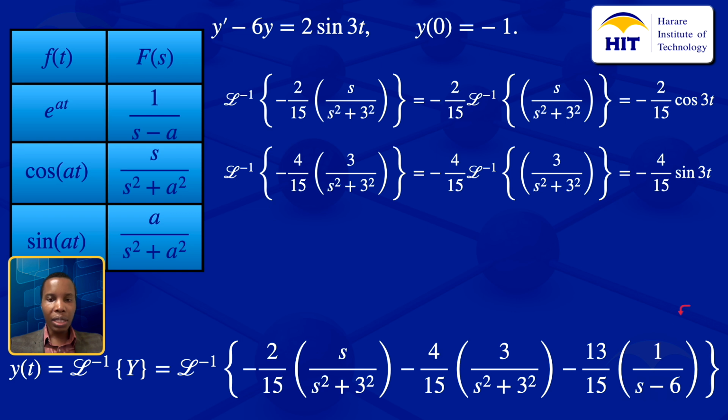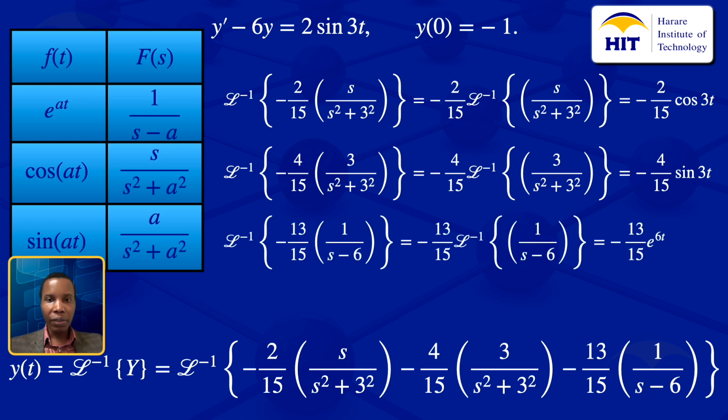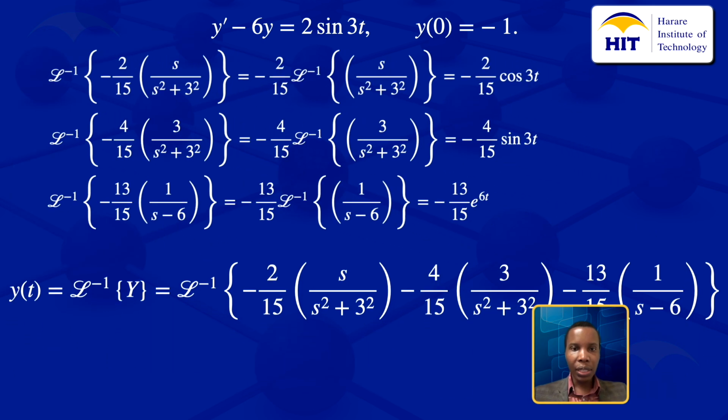And then on this part here in parentheses, we see that that's the inverse Laplace transform of exponent of 6t. So that the inverse Laplace transform where we have the minus 13 over 15 there becomes minus 13 over 15 times exponent of 6t. So that's the solution that we have there.